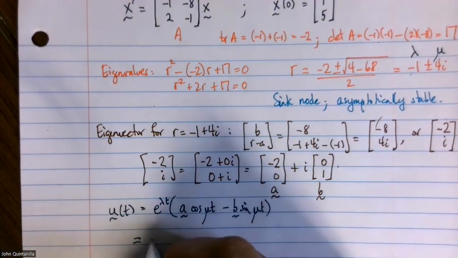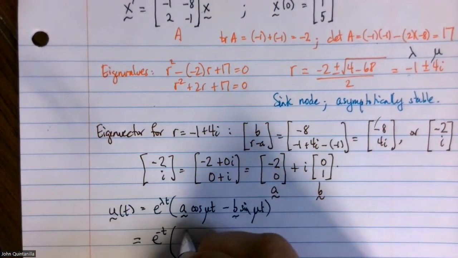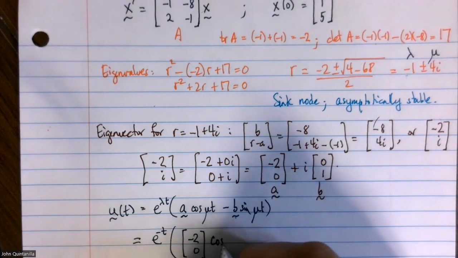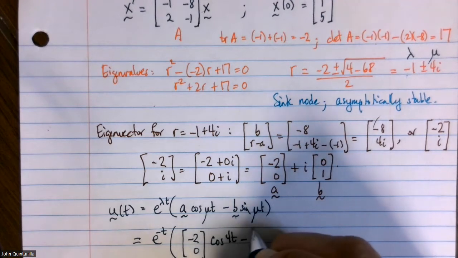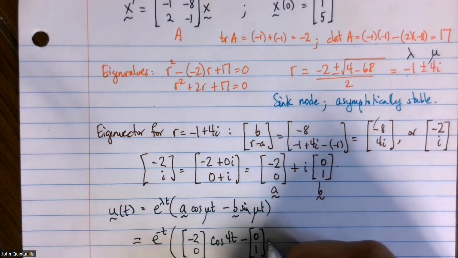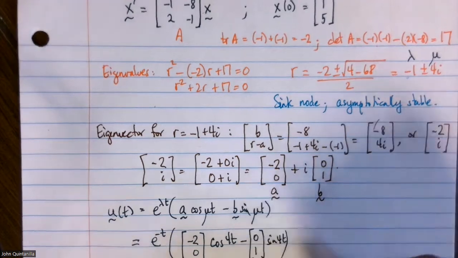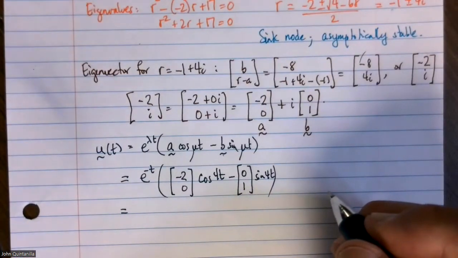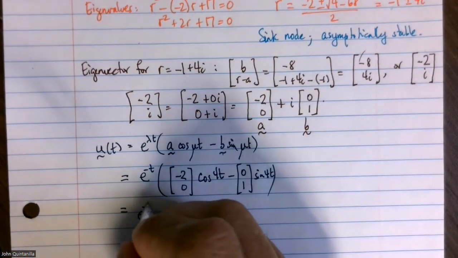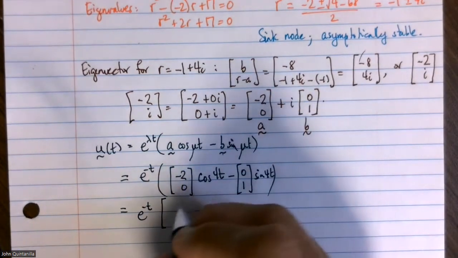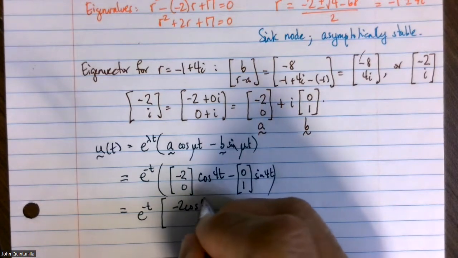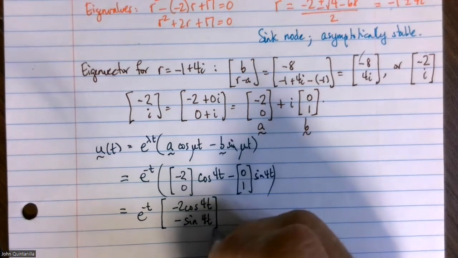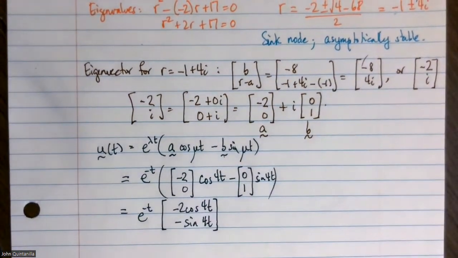And so this will be equal to e to the minus t times the vector A, -2, 0, times the cosine of 4t, minus the vector B, 0, 1, times the sine of 4t. And so this will simplify as e to the minus t times -2 cosine 4t, and then negative sine 4t. So that's the first solution, u of t.